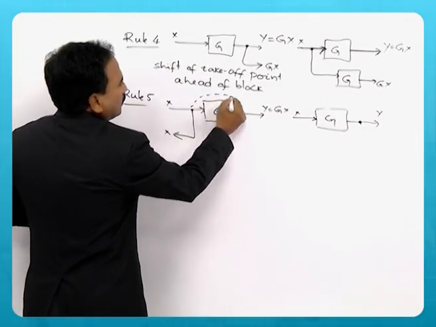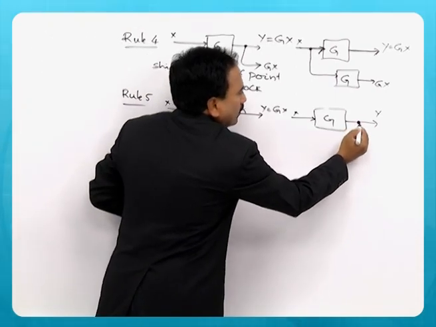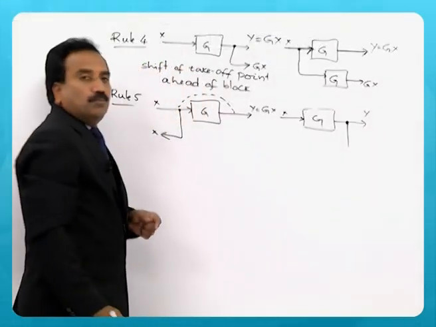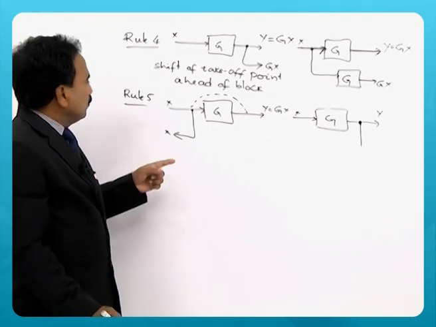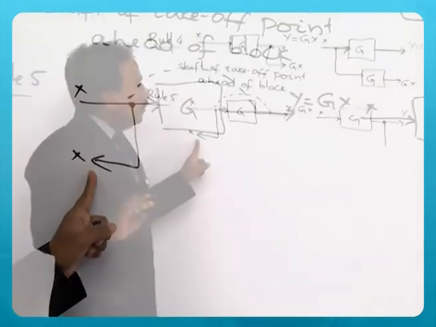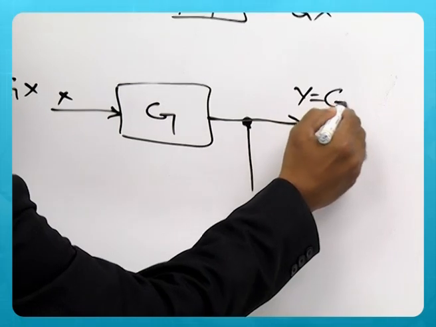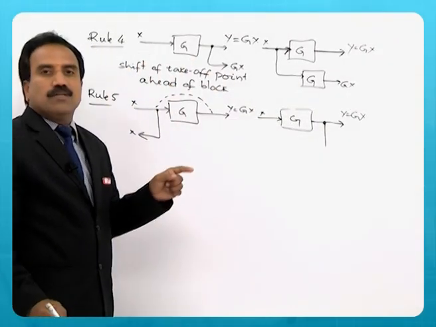I would like to shift it to after a block. So it is now here. As you know, the output of that takeoff point should remain the same as X. But what is the signal available here now? It is Y. This is equal to Gx. Y is equal to Gx.